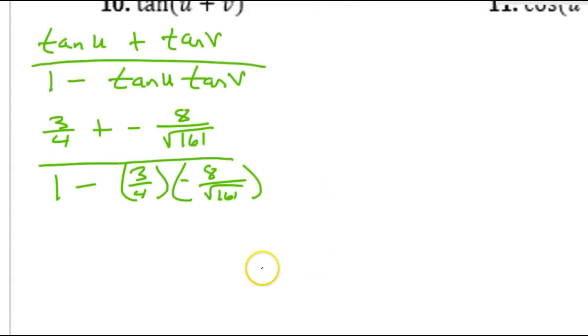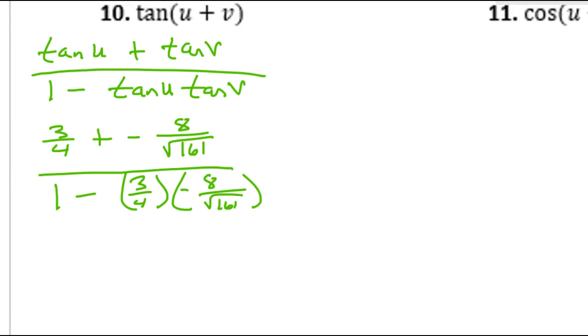Okay, this is going to be pretty ugly. Alright, well, we need like denominators. So this is going to need radical 161, so I will do radical 161 in the numerator and denominator. And this is going to need a 4, so I'm going to do a 4 in the numerator and the denominator. Once I multiply these together, the denominator here is going to be 4 radical 161.